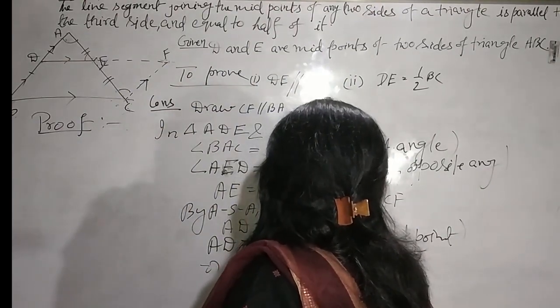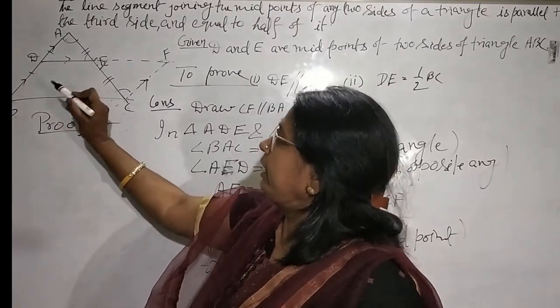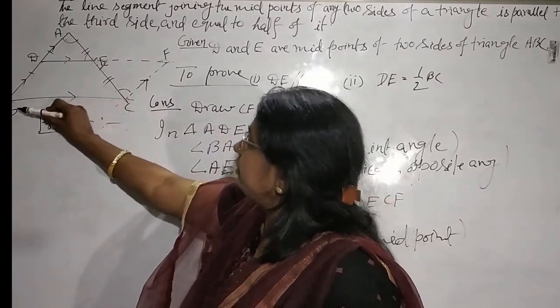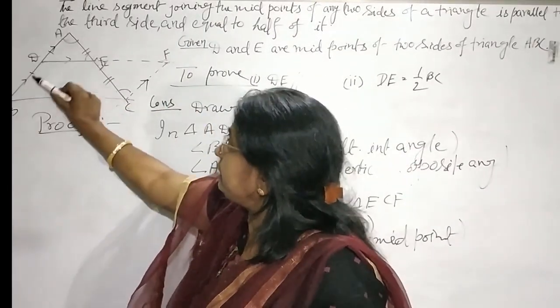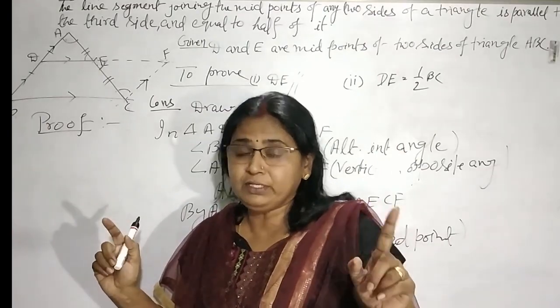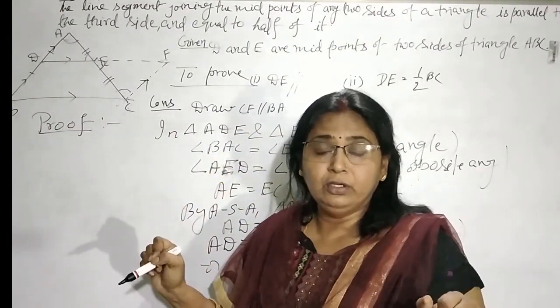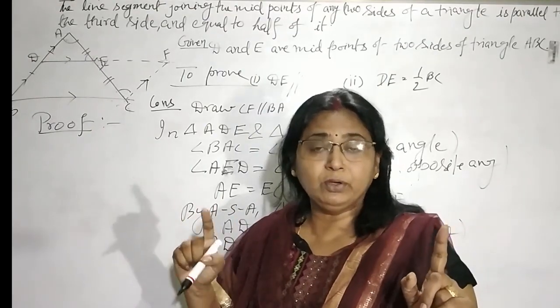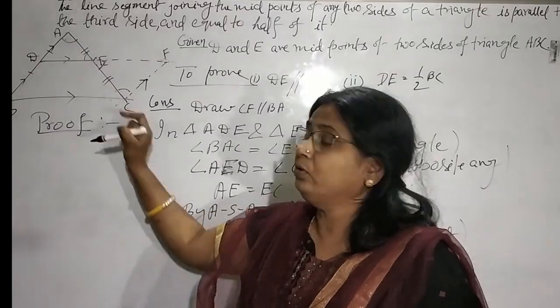Now, we have already taken in the construction BD parallel to CF, and BD is equal to CF. Then according to the definition of a parallelogram, a quadrilateral whose one pair of opposite sides is parallel and equal is a parallelogram.